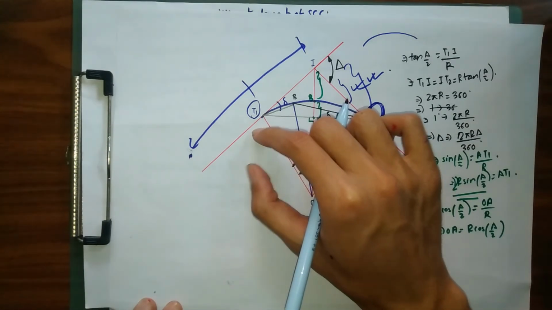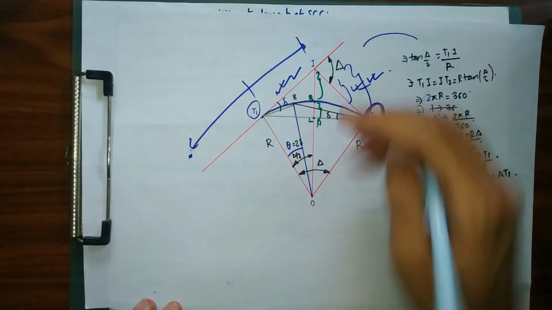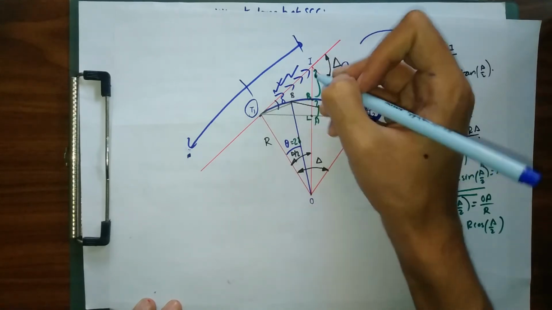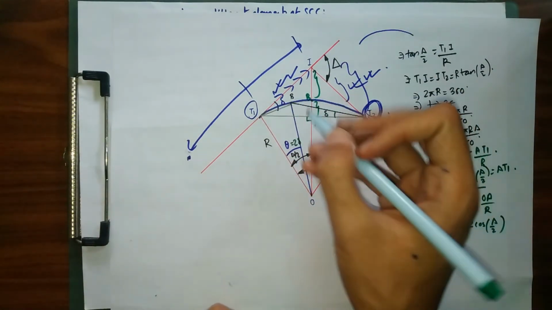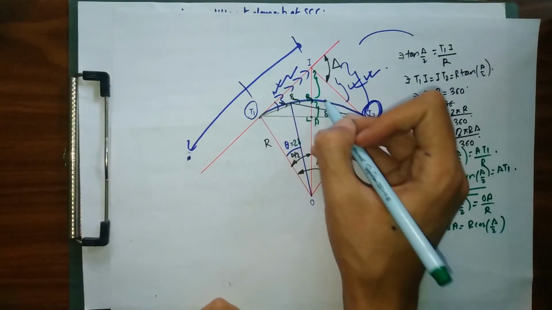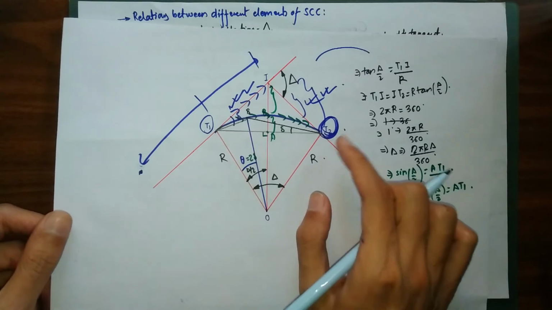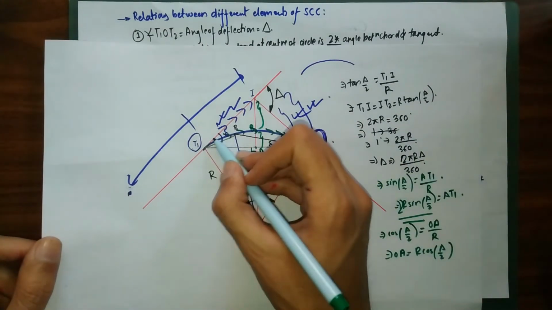Because as you can see here, from T1 to I, we'll be following our forward tangent, we'll be following our alignment, but once we reach our point I, so let me show my direction of alignment. So this is my first direction of alignment. So right now I can subtract my backward tangent in order to get my chains of point of commencement, but for my chains of point of tangency, I am going to use this direction of alignment.